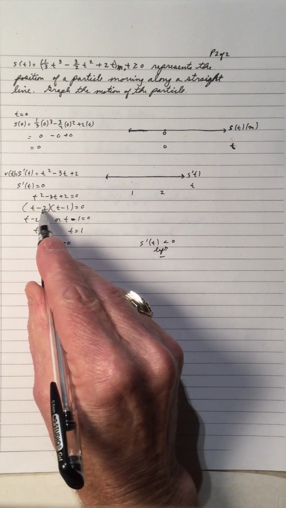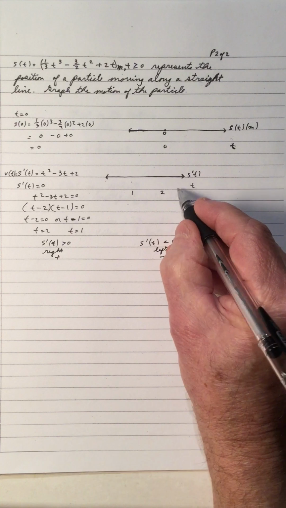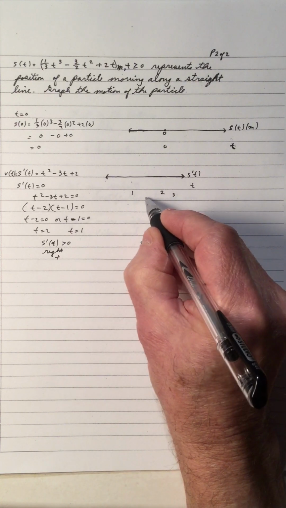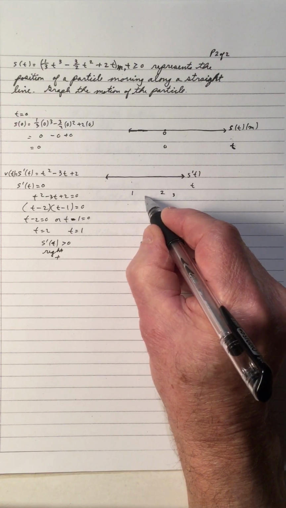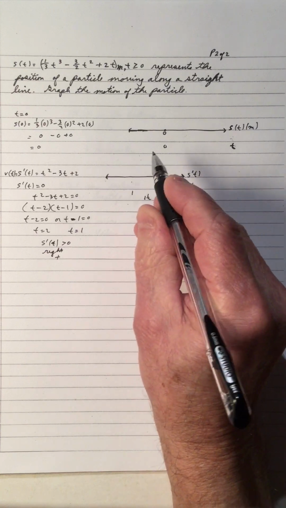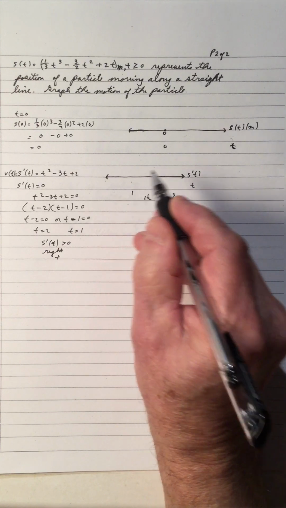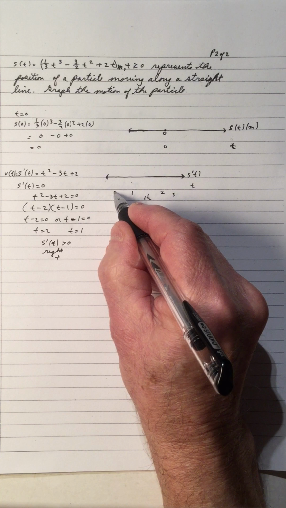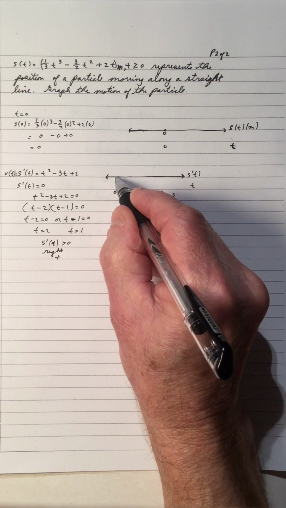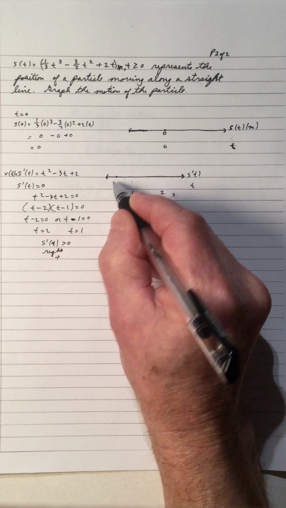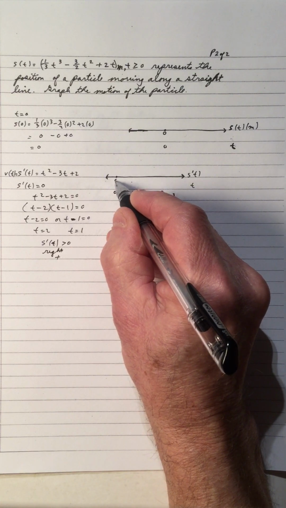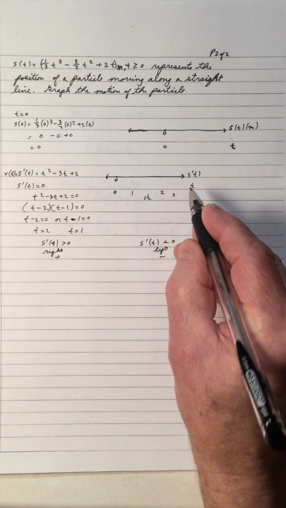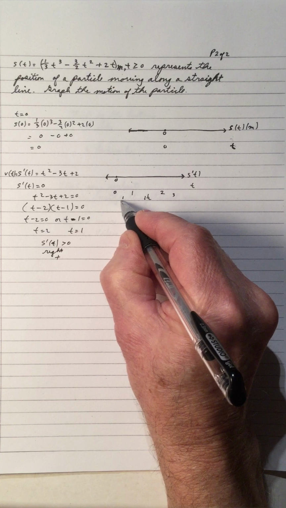So if we take 1 and 2, we put a 3 in, and we put in 1.5 between 1 and 2, and at 0, the time is 0. Take a value in between.